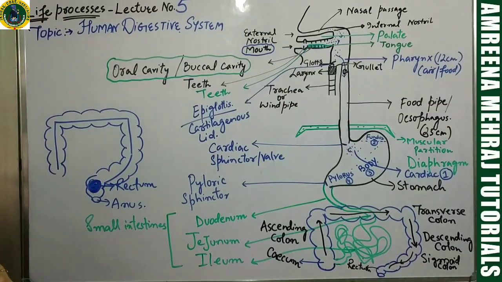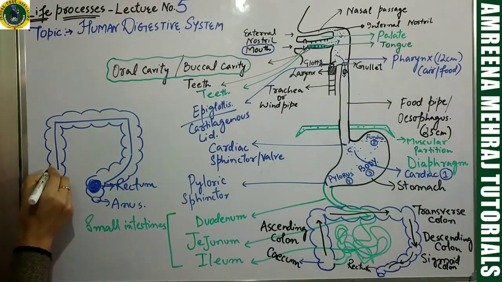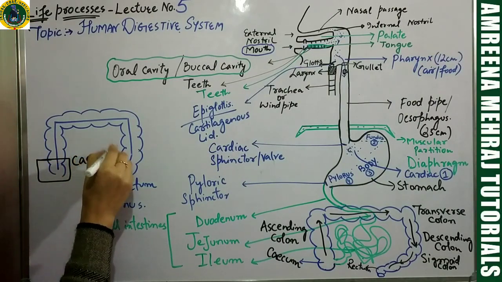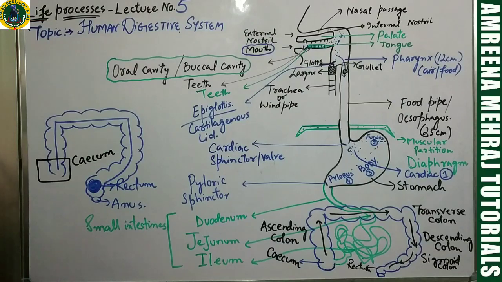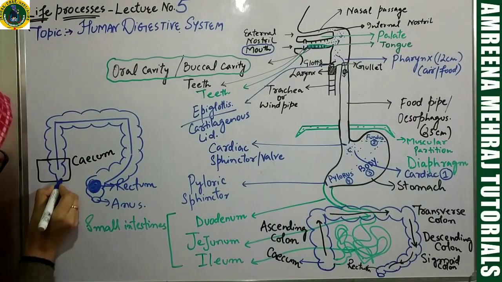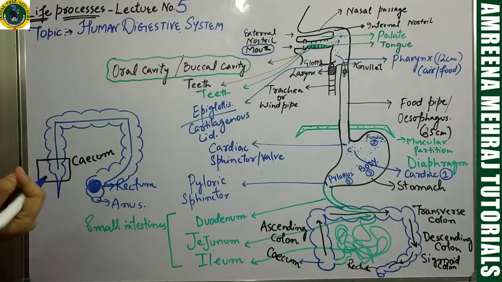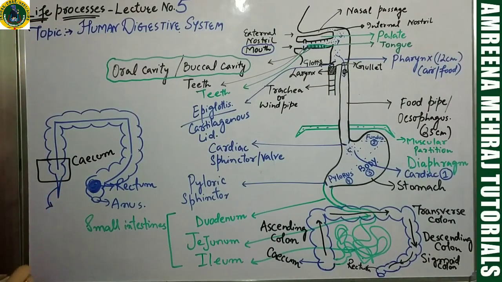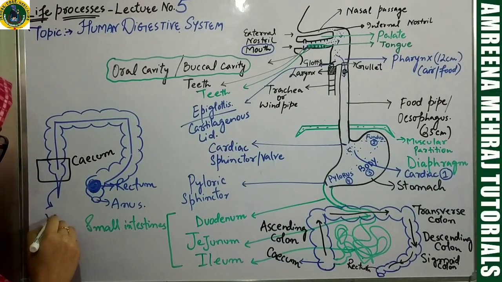Now you have to notice that this part, which is the cecum part, cecum, to it you will find attached a small finger-like projection, which is basically a vestigial organ, and the name of this organ is Vermiform Appendix.